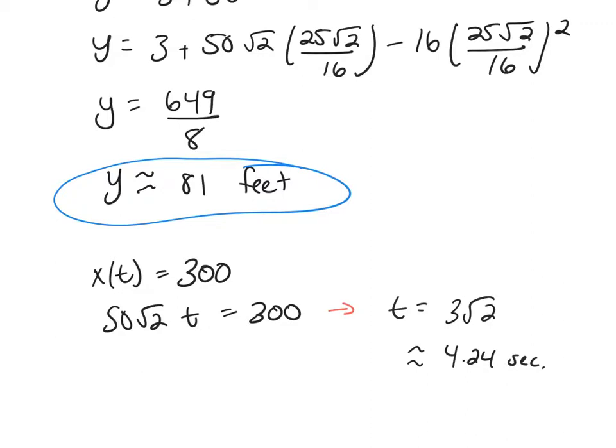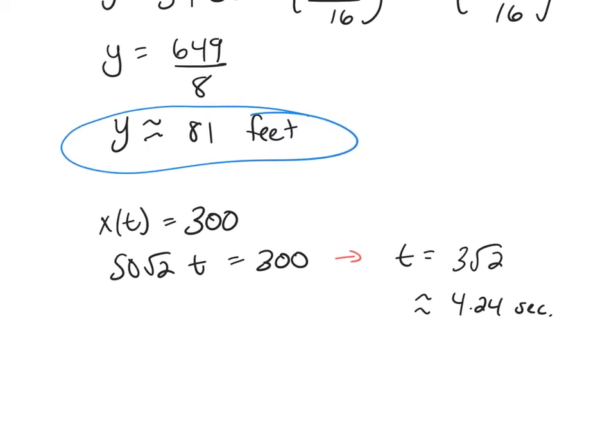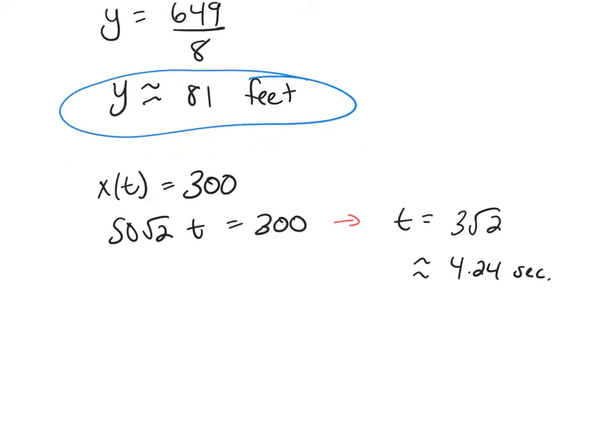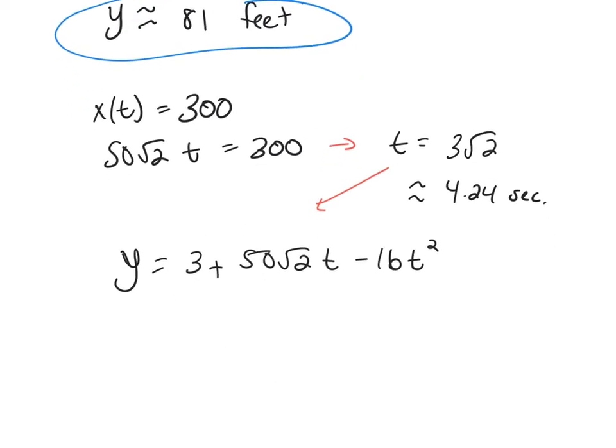And so now I need to know, okay, it reaches the fence, but how high is it at that moment? So you're going to plug this time into your y equation. y was 3 plus 50 square roots of 2 t minus 16t squared. Plug in that value, and we'll see what height it is when it reaches the fence. So 3 plus 50 square roots of 2 minus 16 times.